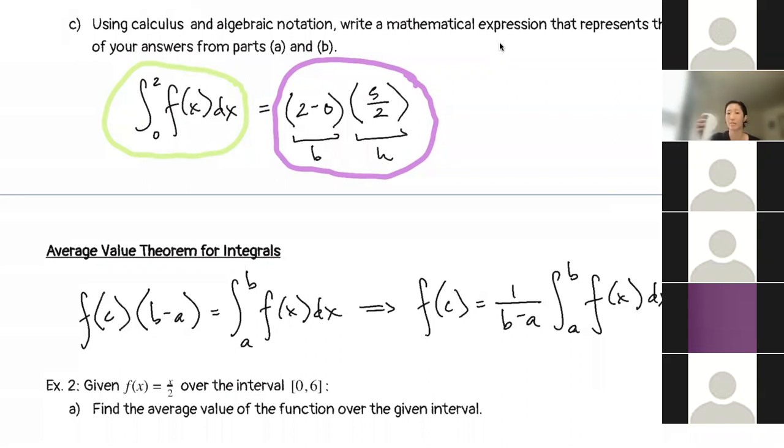Like, what happened there? Exactly, right? And sometimes it takes us a minute to think about what happened, but this b minus a, I literally just divided it to the other side, okay?